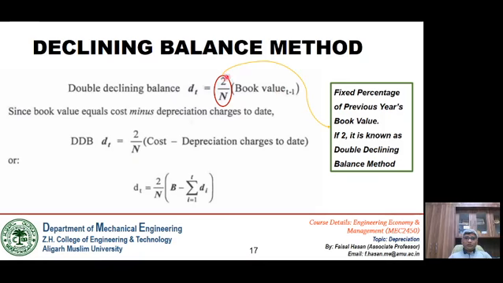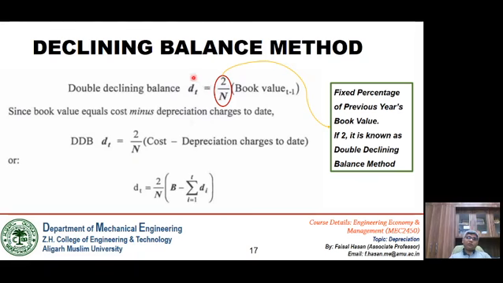This may be 2 by n, or it may be 1.5 by n. This is the fixed percentage, and if the digit 2 is there, then this method is known as the double declining balance method. We have the 150% declining balance method also. So instead of 2, in that case, we will have 1.5.